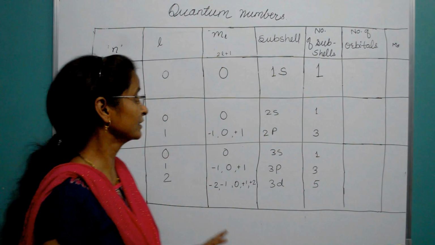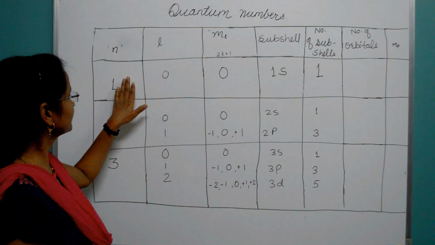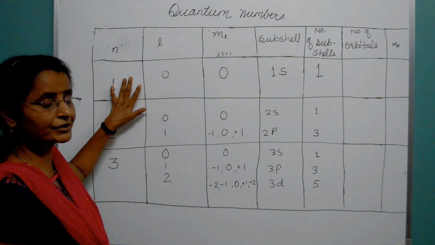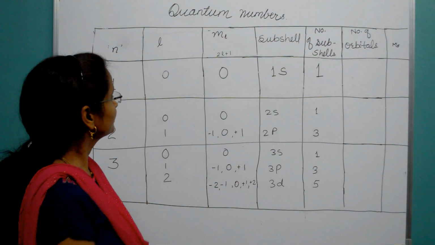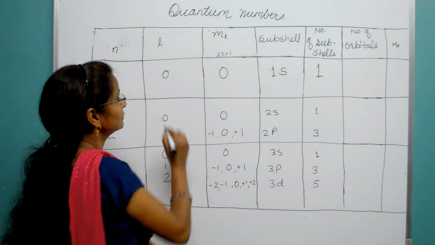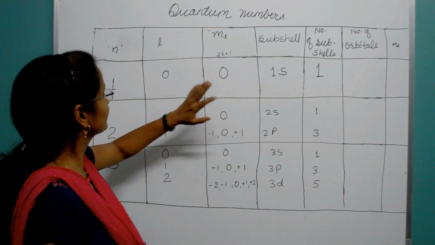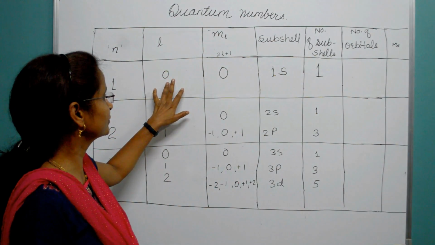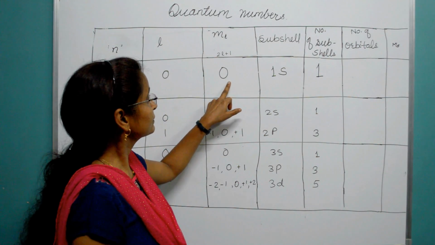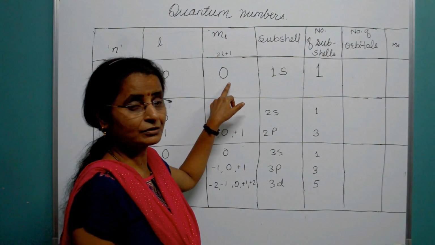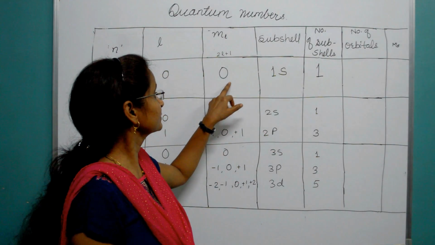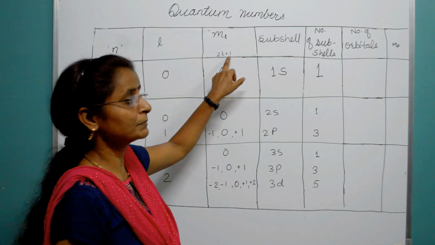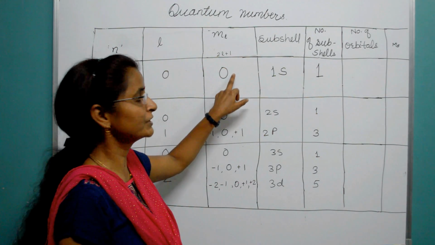Number of orbitals. So now let's see first, n is equal to 1 means first energy level. So the azimuthal quantum number means subshell, its value ranges from 0 to n minus 1, means only 0. So here the magnetic quantum number also depends on the value of L, 2L plus 1, means 2 into 0 plus 1 means only 1.